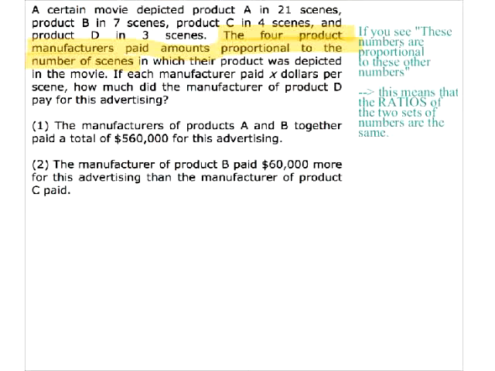So the numbers are 21, 7, 4, and 3. In this problem, this means that the ratios are the same. And so the manufacturers, assuming that manufacturer A makes product A and so on, paid amounts in the ratio 21 to 7 to 4 to 3. Because that's what proportional means. It means you have the same ratio.